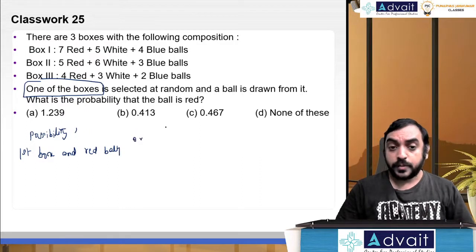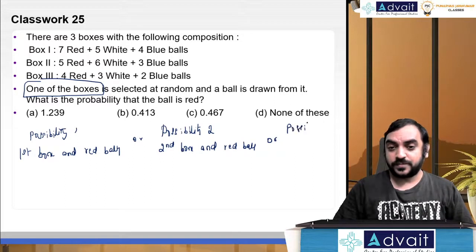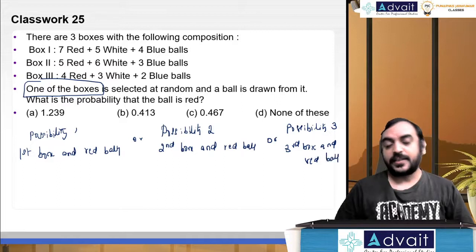Or possibility 2, you select second box and a red ball is selected. Or possibility 3, third box is selected and a red ball is selected.